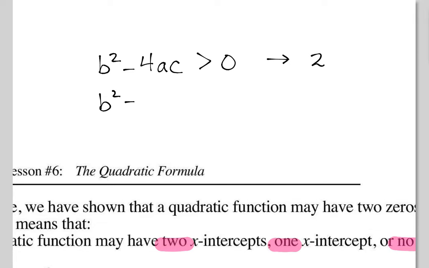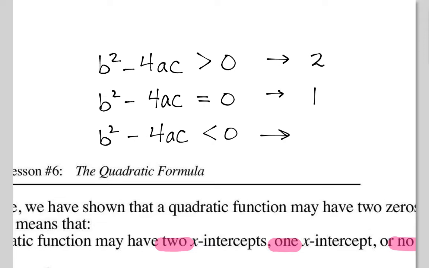And what I'm talking about is that thing under the radical. If it's 0, you get 1. And if it's negative, you get none. Because the quadratic formula depends on this radical. And we know that radicals, if they're positive, you have an answer. If they're negative, there's no answer.